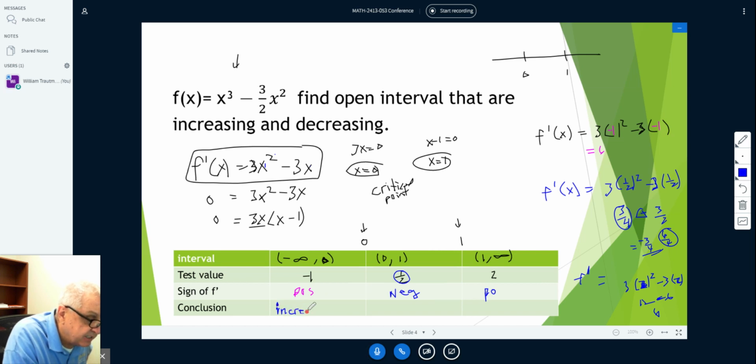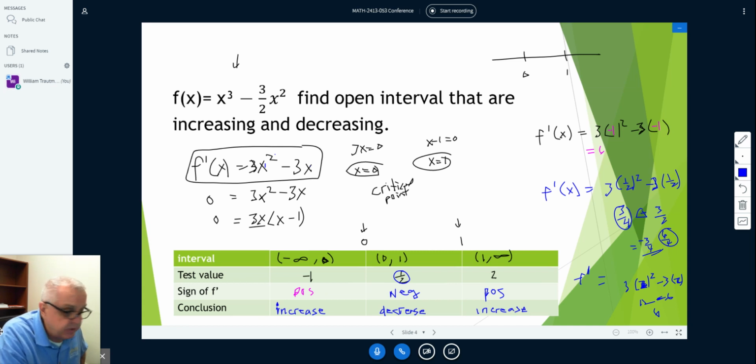I'm just going to put it's an increasing function. It's a decreasing function. And here since that was positive, it's an increasing function.